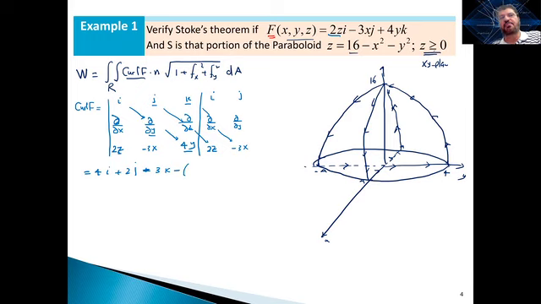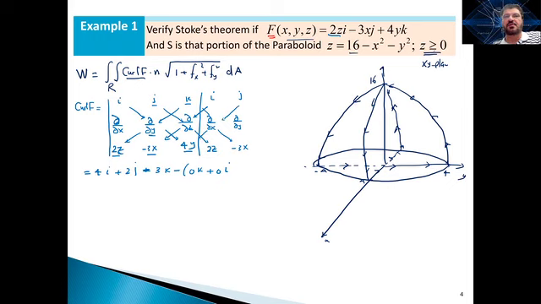Then minus, open bracket. We go backwards. What's the derivative of 2z with respect to y? It's a 0. 0 what? 0k. Plus this times that times that. The derivative of this with respect to z is equal to 0. So this is 0, but i.